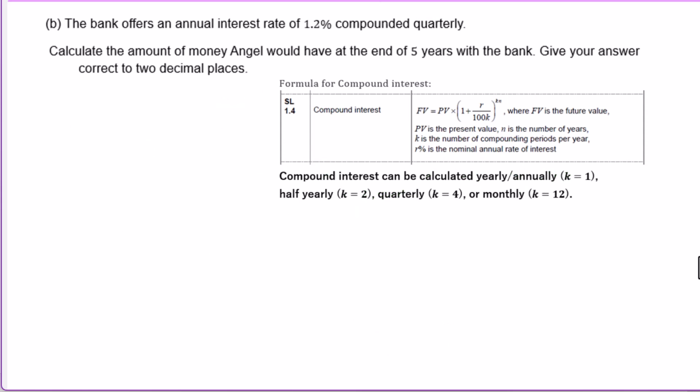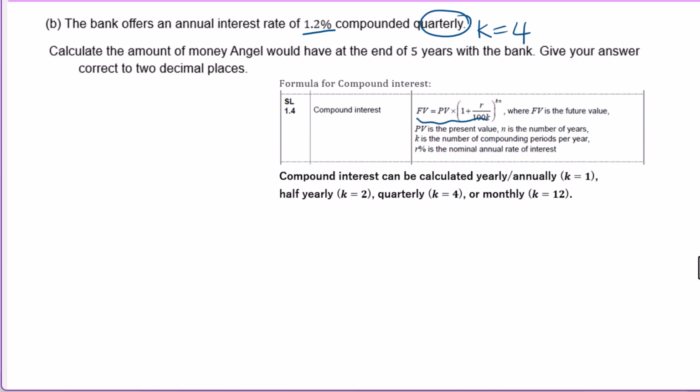Let's go to B. The bank offers an annual interest rate of 1.2% compounded quarterly. Quarterly means K equals 4. Calculate the amount of money Andrew would have at the end of 5 years with the bank. Give your answer correct to 2 decimal places.